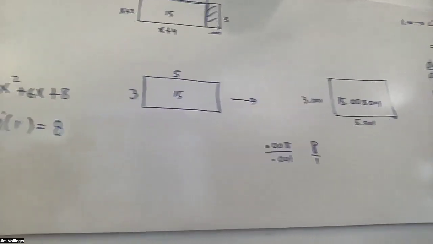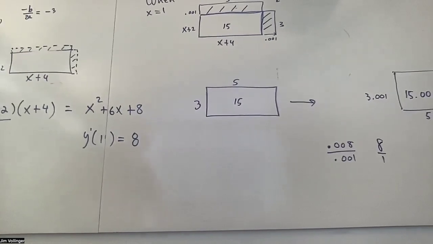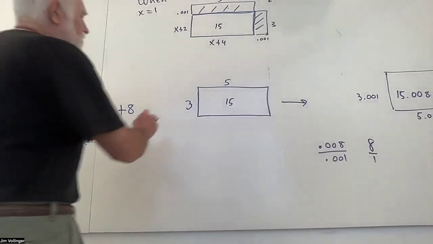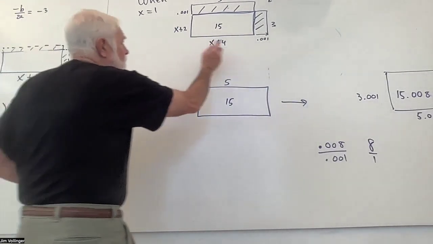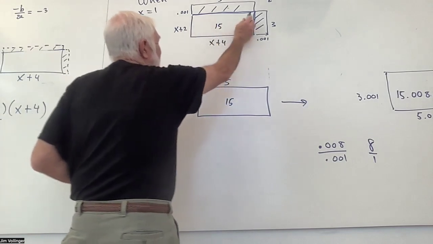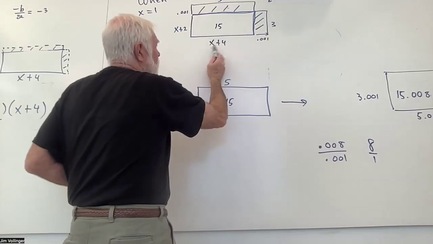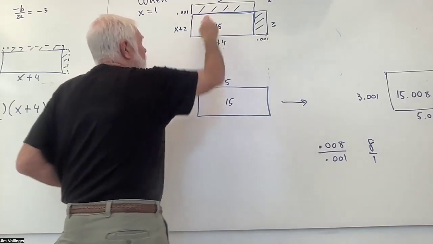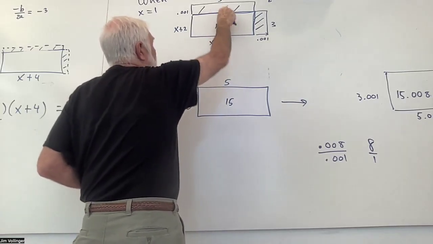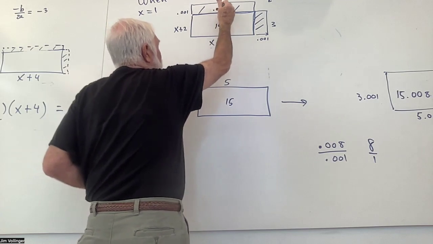All right. And so what I'm suggesting here is that if we change this by 0.001, we have a new rectangle. And its length is really 1 plus 4, 5. And so that would get us 0.005 of new area.